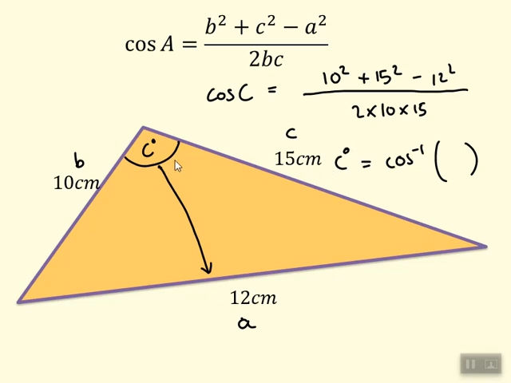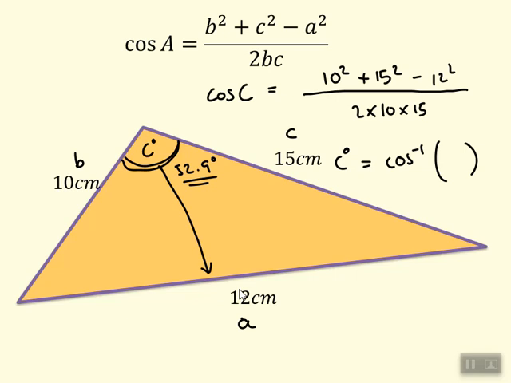So I'm going to be ambitious. I'm going to use the fraction button to do it. It's 10 squared plus 15 squared, take away 12 squared, divided by 2 times 10 times 15, and then cos to the minus 1 of all of that gives us 52.9 degrees. That's how big that corner is.